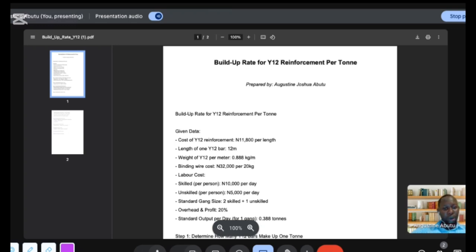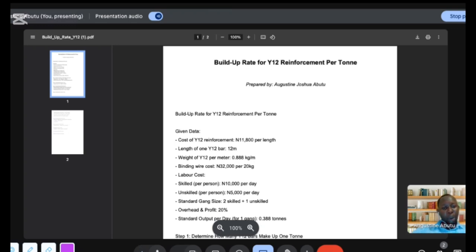A weight of Y12 in kg, you need to apply the formula that says that diameter square times 0.222 divided by the diameter of that bar. It will convert that bar into kg.